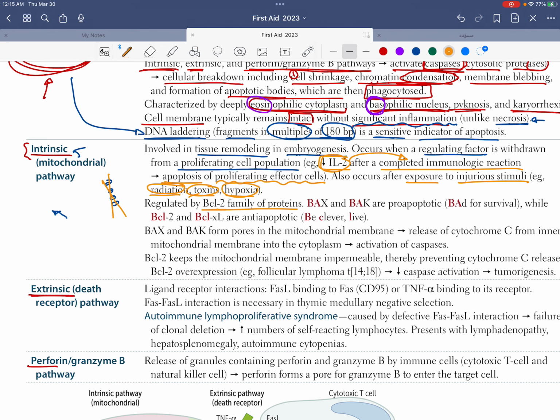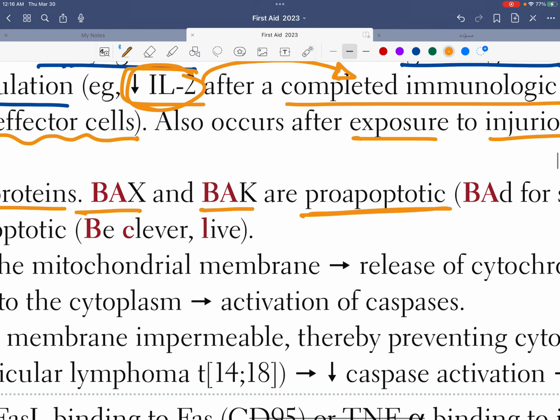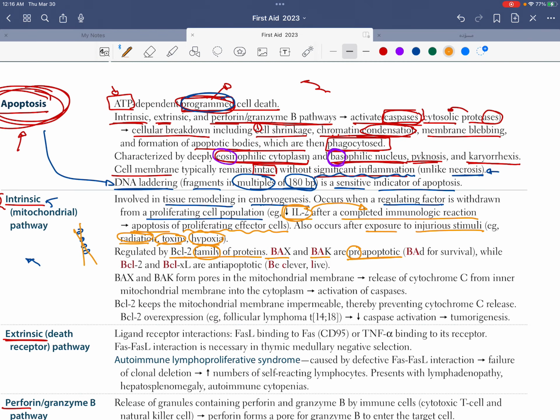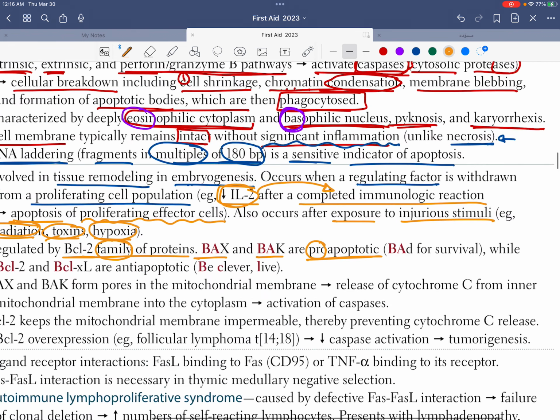As the name implies, it's a family of proteins, so it has multiple subtypes. Some of these subtypes are BAX and BAK proteins. They are pro-apoptotic, meaning they promote apoptosis to start, okay? While BAD is for survival of the cell.